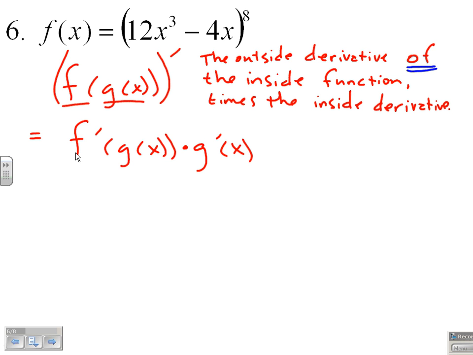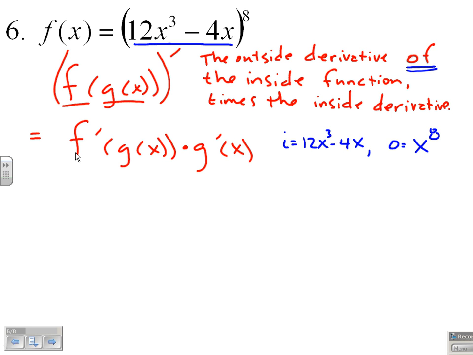So off to the side, when you get good at chain rule, you probably don't need to do what I'm about to do, but I'm going to decompose this function into an inside and an outside function. And clearly our inside function, I'm going to call it I, is 12x cubed minus 4x. And our outside function is x to the 8th.